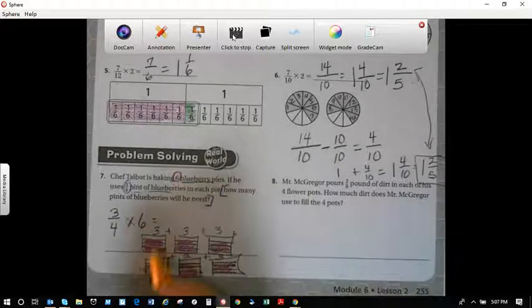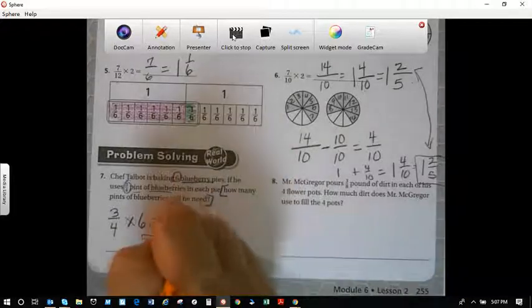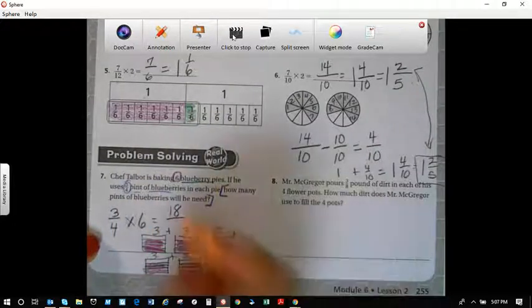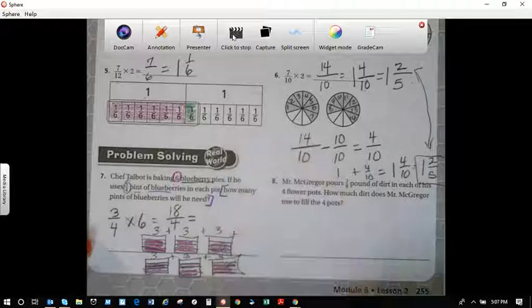So it's 3, 6, 9, 12, 15, 18. So he used 18. My denominator is fourths. 18 fourths. So I need to simplify that.